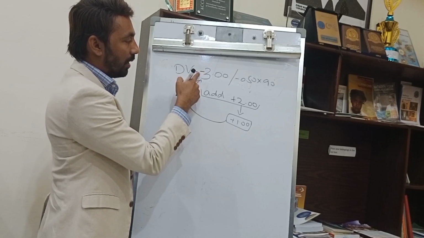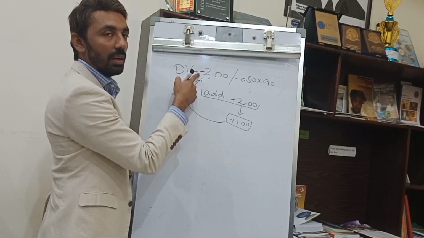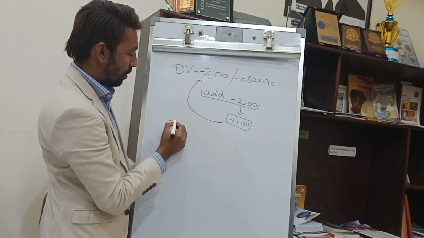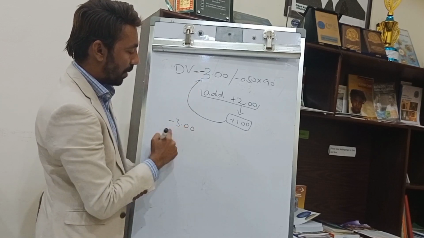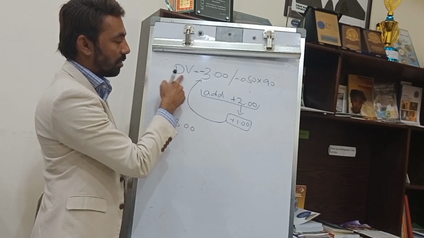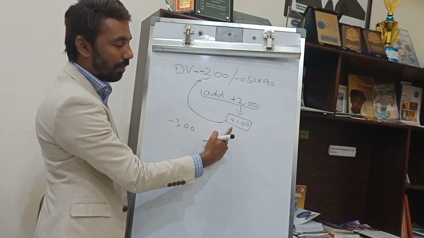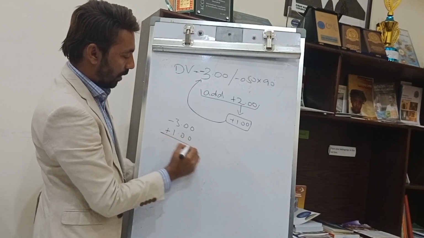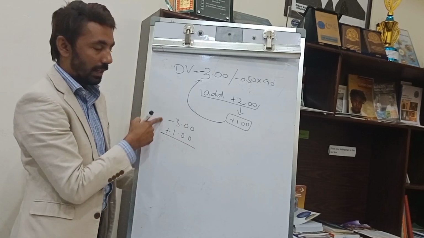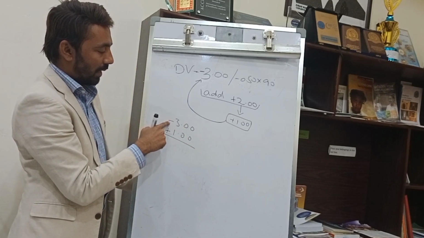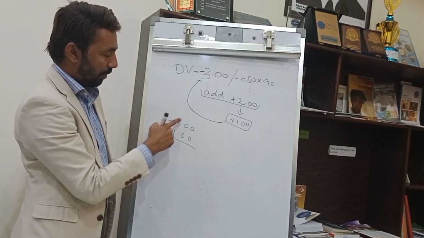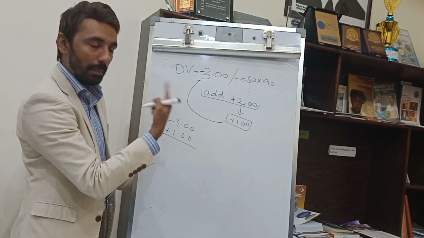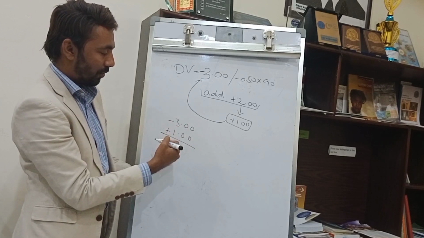But remember, the sign with the spherical correction of the distance vision is minus. So we will add algebraically. This is minus 3 spherical of the distance vision, and this is half of the near addition, which is in plus form. We will add algebraically. The minus sign is with the 3, and the plus sign is with the 1, right? Plus and minus would be minus. So we will have to subtract.